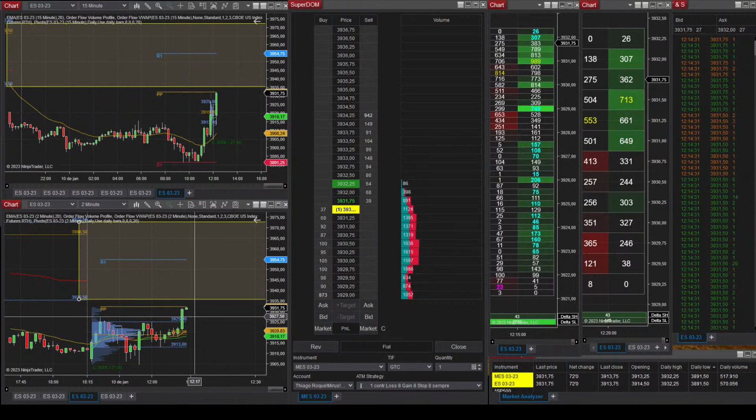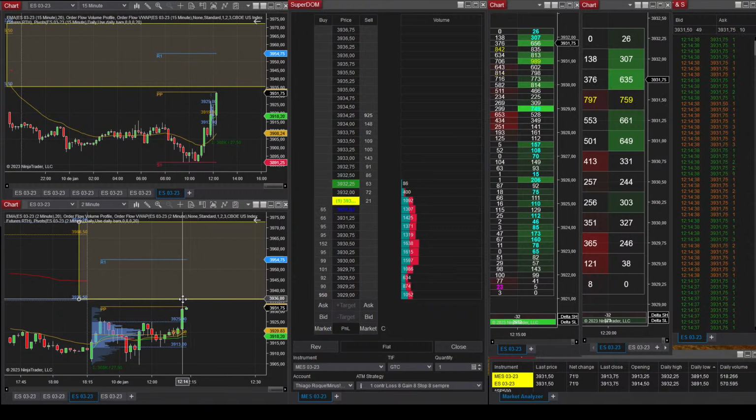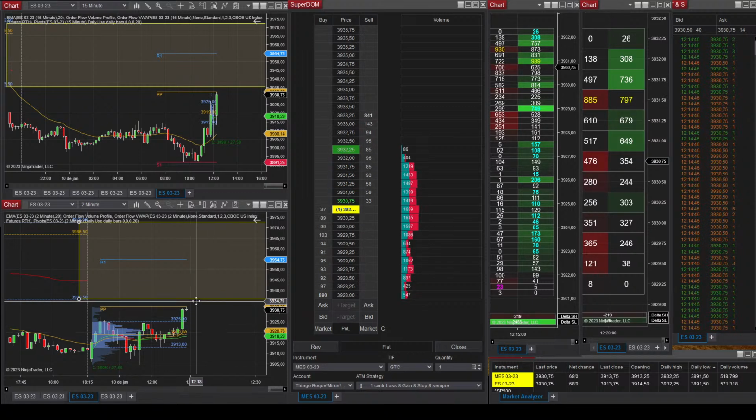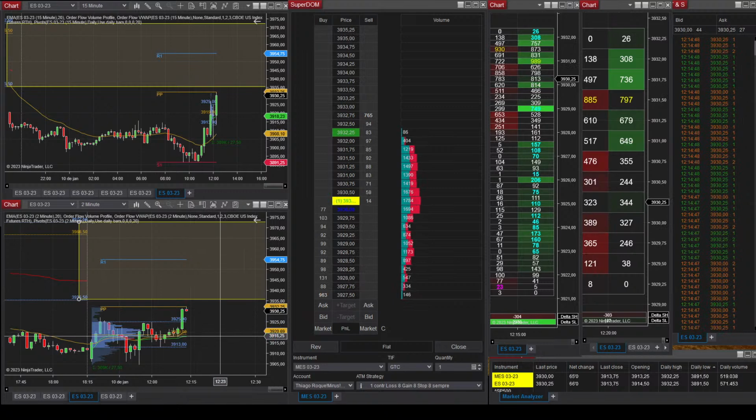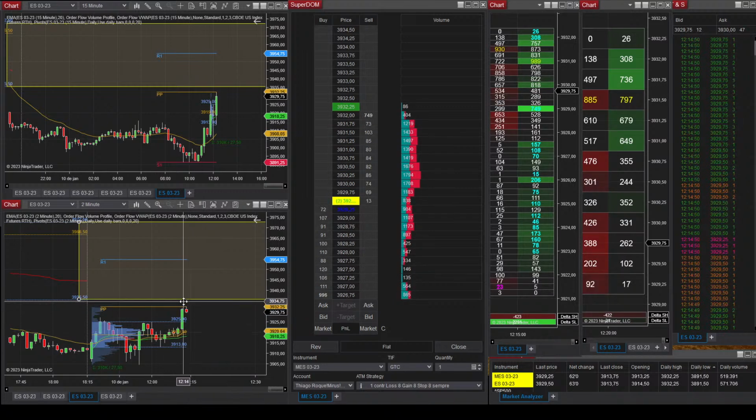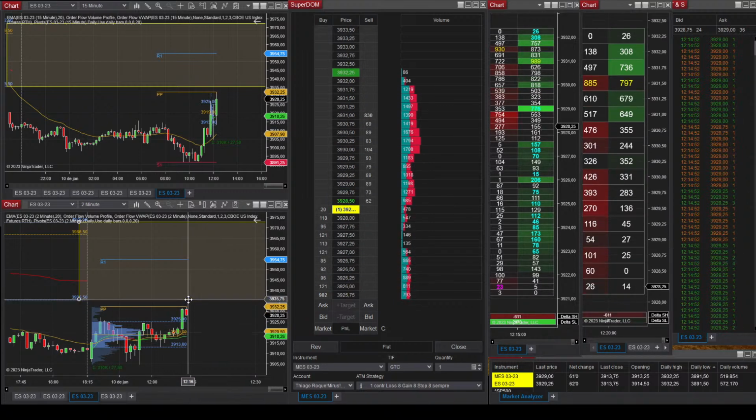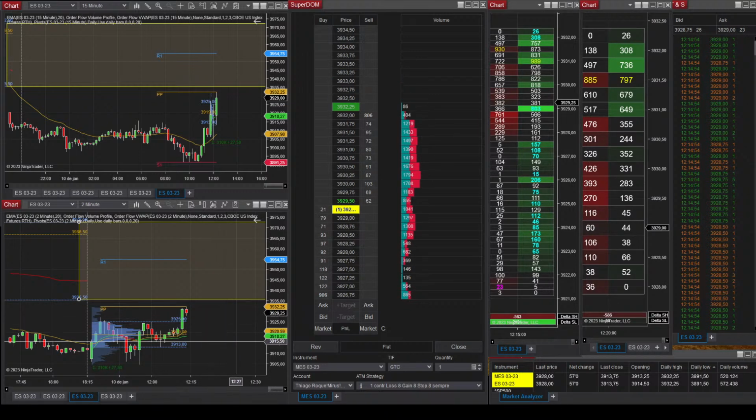So I think that is 32 to 35. 35 is the value area low. That's actually important. So reaching here 35 and struggling, failing to overcome, if a downtrend starts, we could think that a downtrend could be more likely.